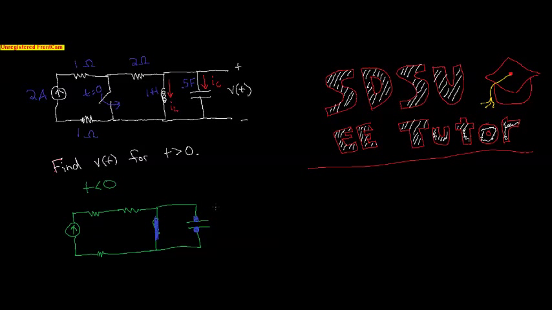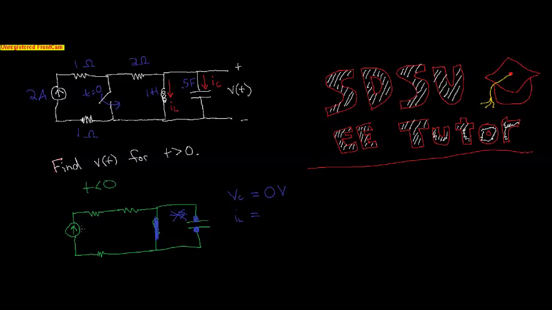Right, and the initial conditions we are looking for are V of the capacitor and I of the inductor. So this guy, there's a piece of wire right here. The voltage across a piece of wire is 0 volts. And so the current flowing through this guy: we said that the capacitor is open, so there is no current going this way.